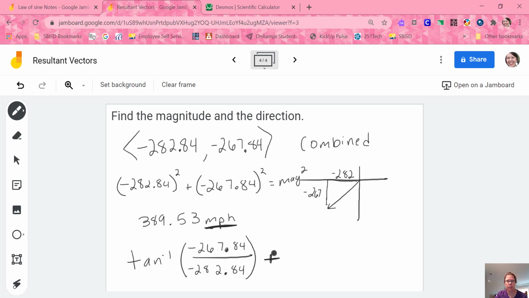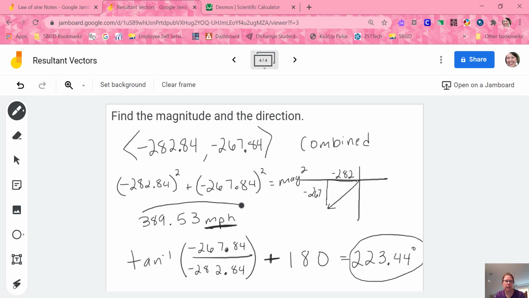My answer is in quadrant 3, so I need to take this and add 180 to it. Add 180 to the answer that you get in the calculator, and you should end up with an angle measure of 223.44 degrees. So here's my direction, and here is my magnitude.